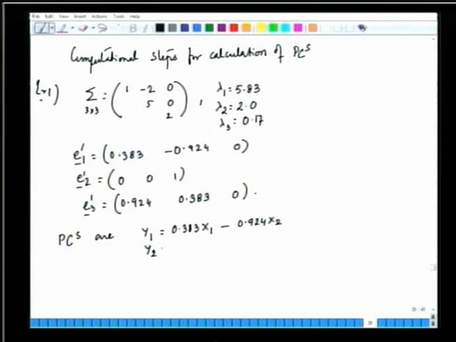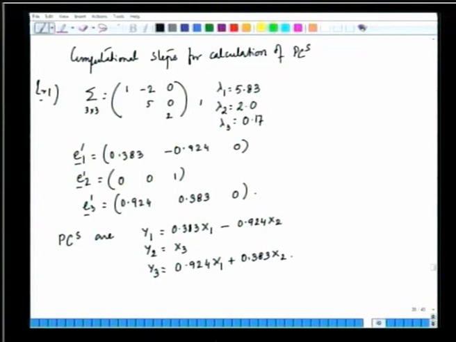The second principal component is identically equal to the original variable X3, and the third principal component is 0.924 X1 plus 0.383 X2.